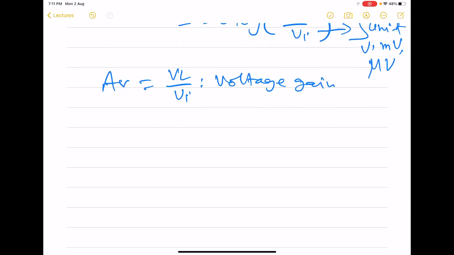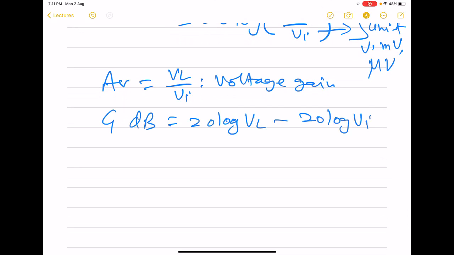So here we see that gain in dB is equal to 20 log VL minus 20 log VI. So now here we have a scenario which is similar to what we got for output power and input power gain when it was expressed in terms of these two quantities.